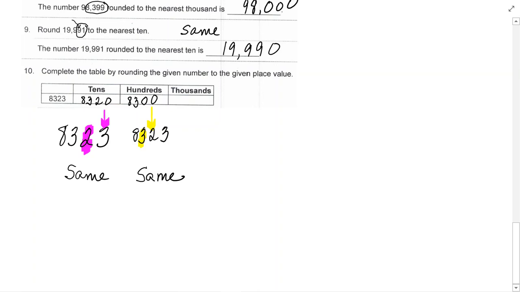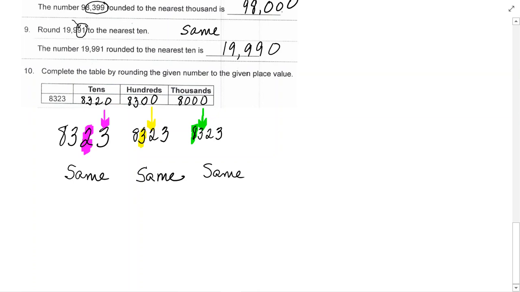Last one, it says round it to the nearest 1,000. I guess I better write the number down. 8323. The nearest 1,000. 8 is in the thousands place. The 3 tells me what to do, and it once again says leave it the same, so it will be 8000.